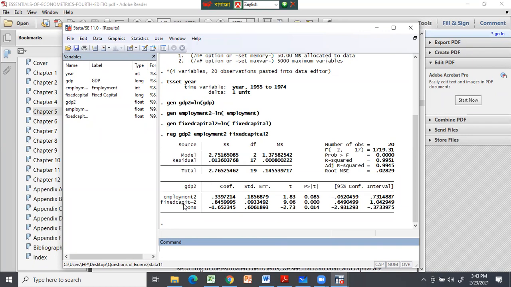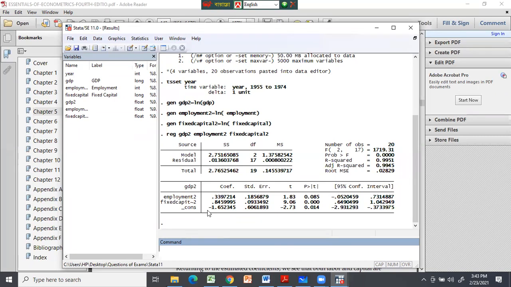Or if the fixed capital is increased by 1%, then the output GDP will also increase by 0.8459%. Okay, and if there is no impact of employment and fixed capital, the GDP or output level would be equal to minus 1.6523.